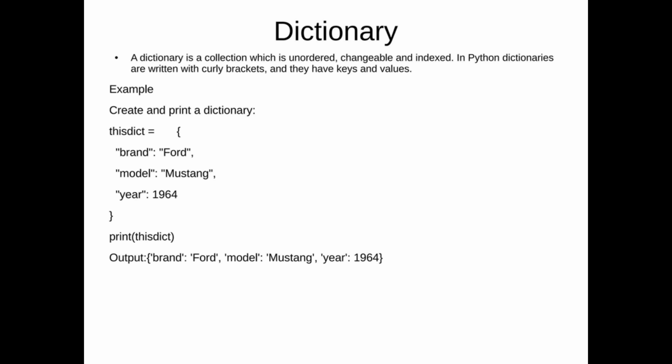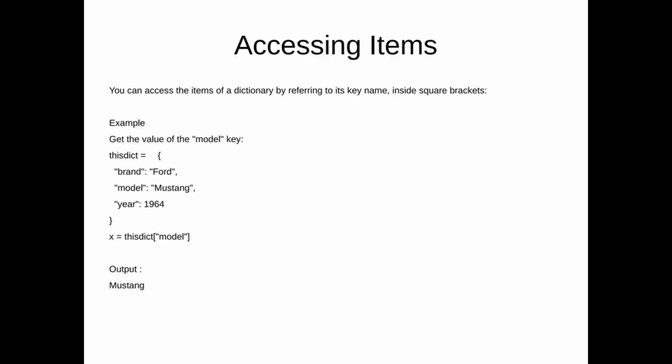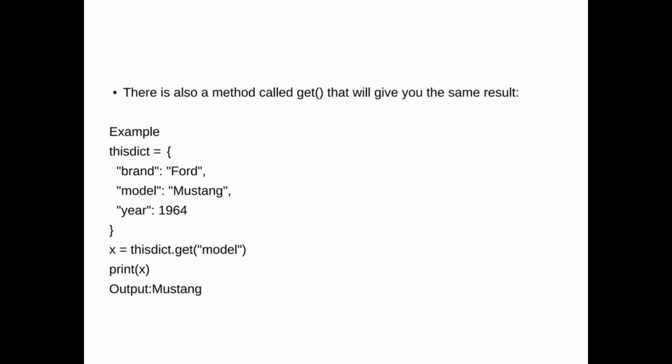Accessing items: you can access the items of a dictionary by referring to the key name inside square brackets. This is the example for accessing an item. There is also a method called get that will give you the same result.